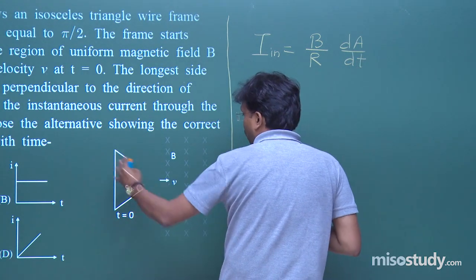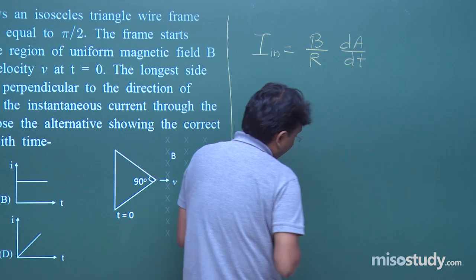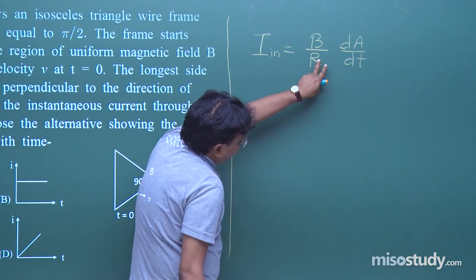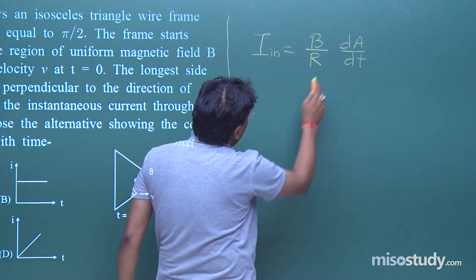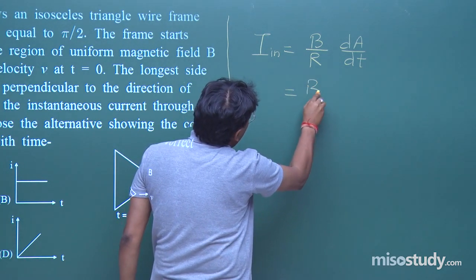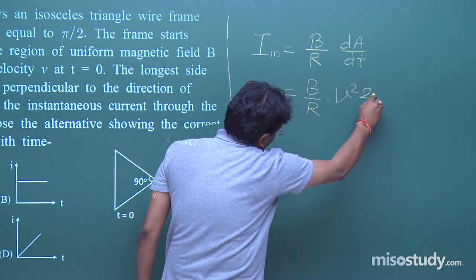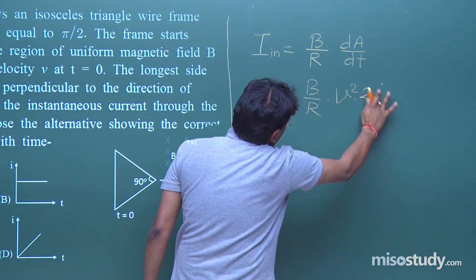Area is changing because of the entering of this triangular shape, fine. Now, what exactly is essentially required, that is B upon R into V square into 2t.